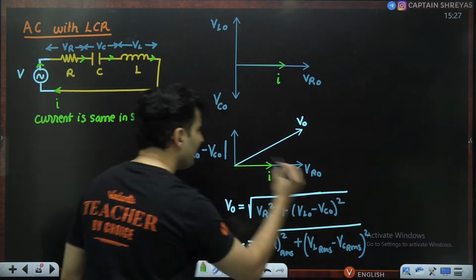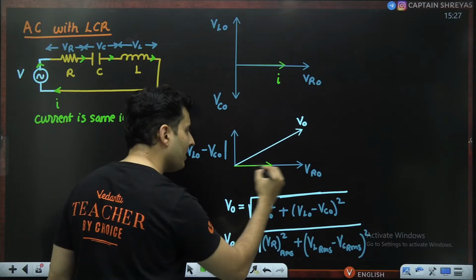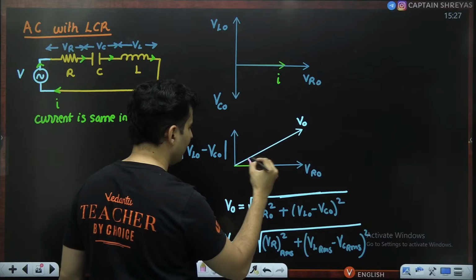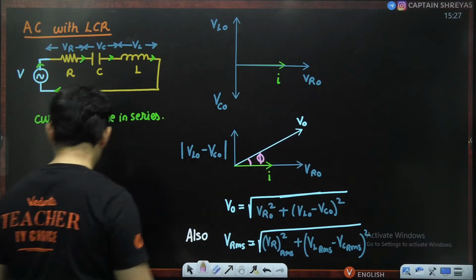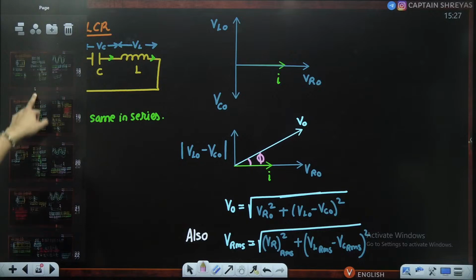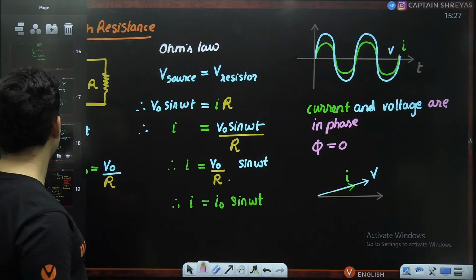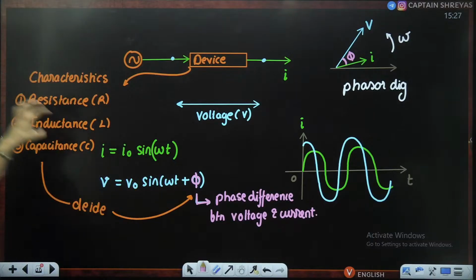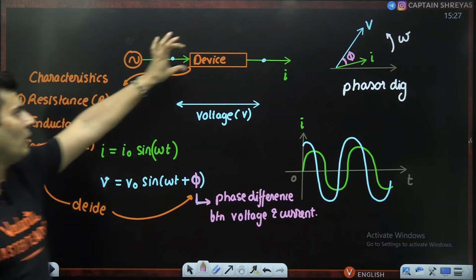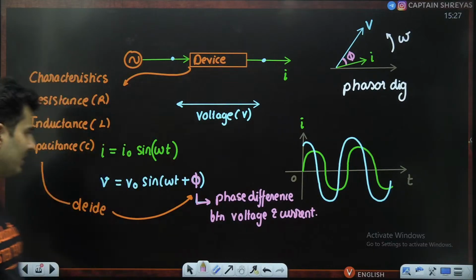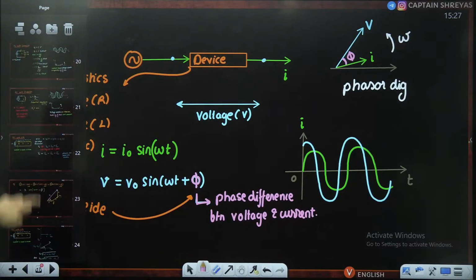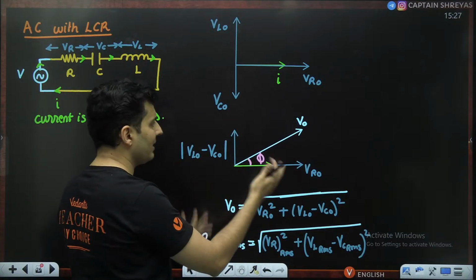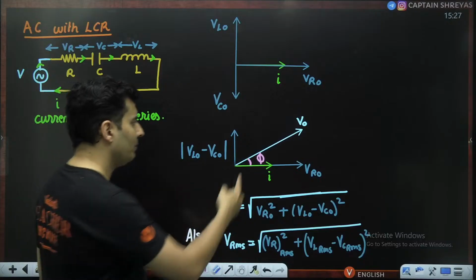Now, can you see with the net voltage, the current is making an angle over here. The current is definitely making an angle with the net voltage. That is your phi. And this is what I was telling you before. The current and the voltages usually are not going to be in phase. There is going to be a phase difference. It depends on all the three elements of that device: inductive, resistive, and capacitive property. So as you can see over here as well, the resistor, inductor, and capacitor, all three together play a role in phi.